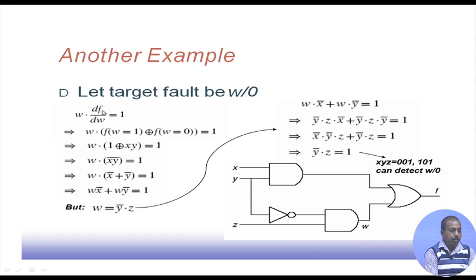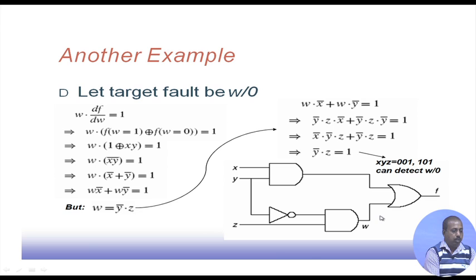To find df/dw, it is f with w equal to 1 XORed with f with w equal to 0.